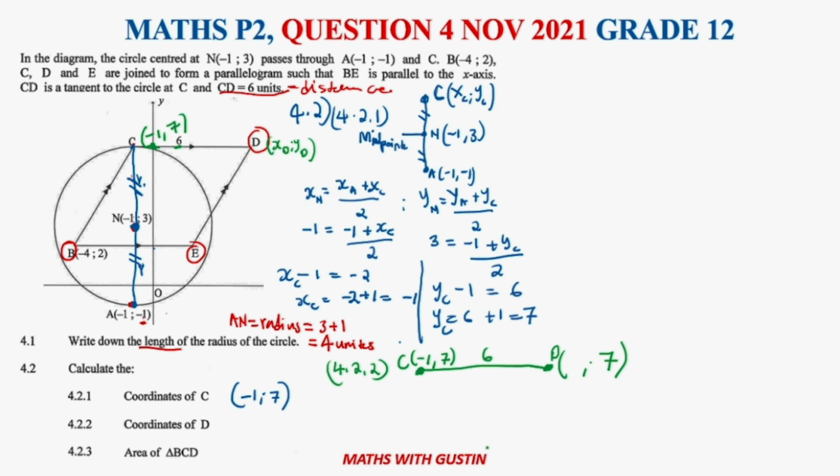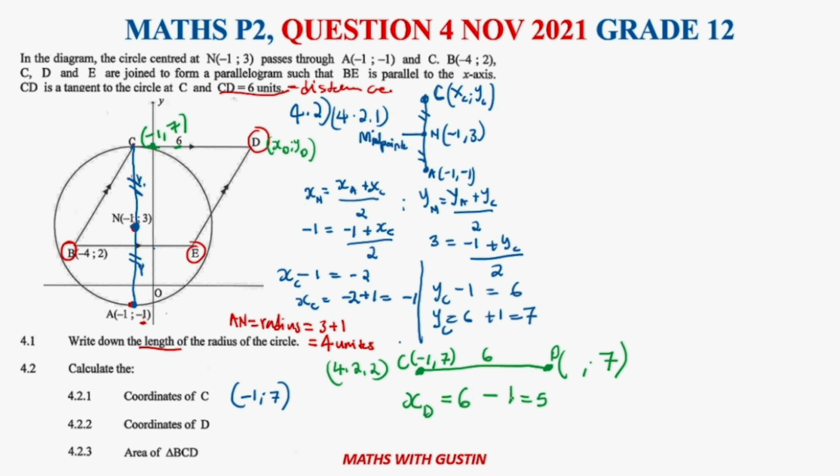So now we are saying there's a change in the X value when you're moving along this line, which is changing by how much? By 6 units. Okay, it has changed by 6 units, moving to that side. All right, so therefore the only thing that will change here, the x at D, would therefore be equal to the distance on the x minus the x. Therefore it's going to give us 5.